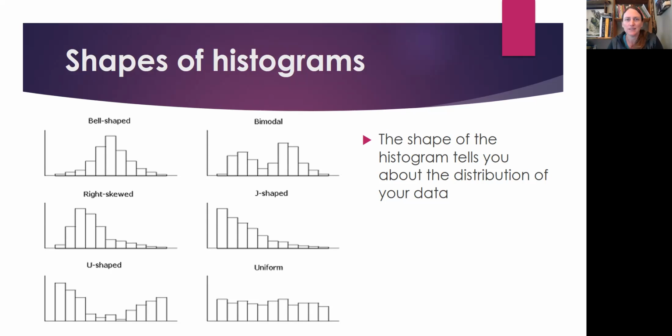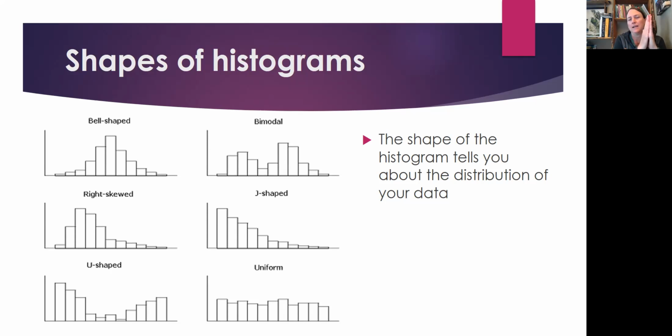The bimodal is another one that's on the top right. And then you can have data that are skewed either to the right or to the left. And so that's an interesting type of distribution to have some kind of skew. We'll talk about an example that might make some sense to you that's skewed. J-shaped just means that there's like 0. Maybe there's a lot of zeros in your data set, and then you have some big values.